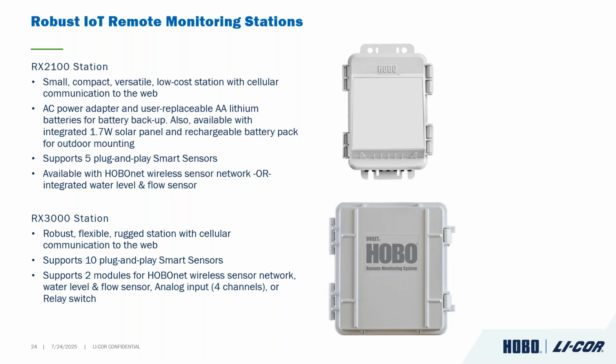The RX3000 has a bit more capability than that of the RX2100, offering 10 plug-and-play smart sensors, while it also offers 2 modules to include some of our options such as HoboNet as mentioned before, water level, analog inputs, or a relay switch.